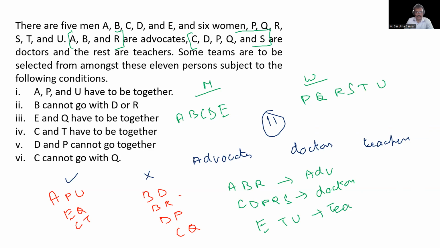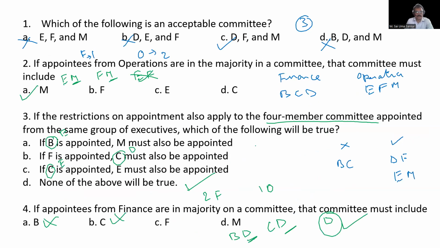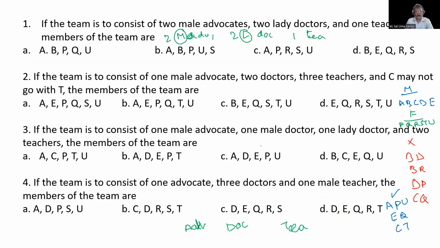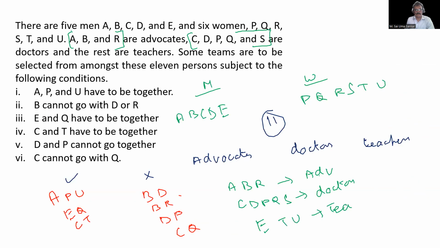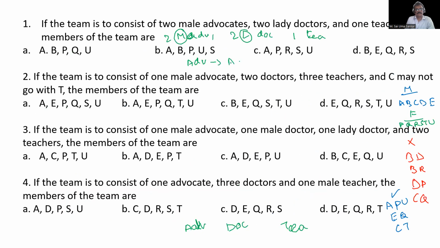Okay, A, B are advocates. I'm going to write down the advocates. Who are the advocates? ABR. Next, who are the doctors?